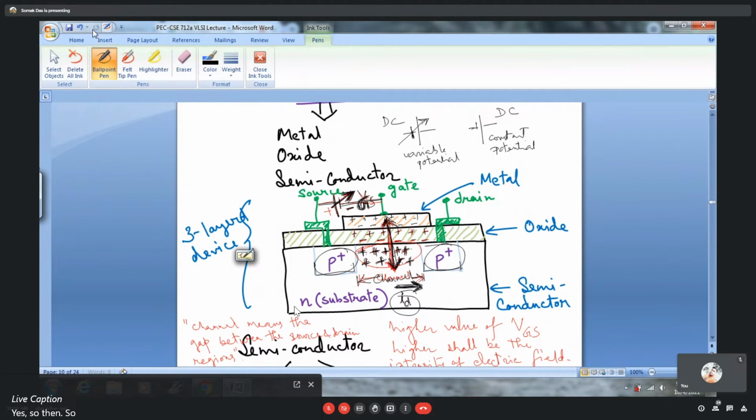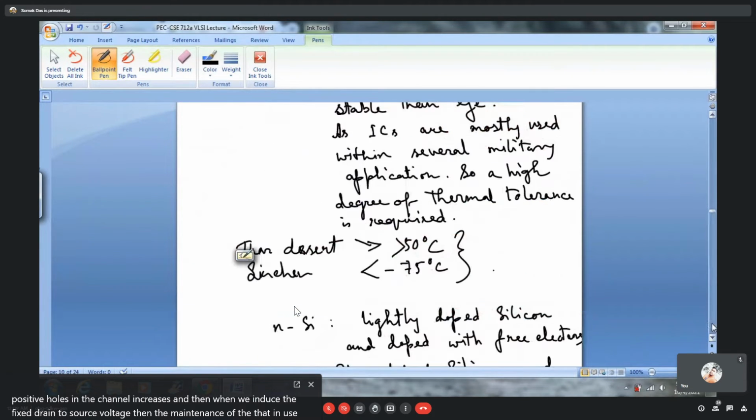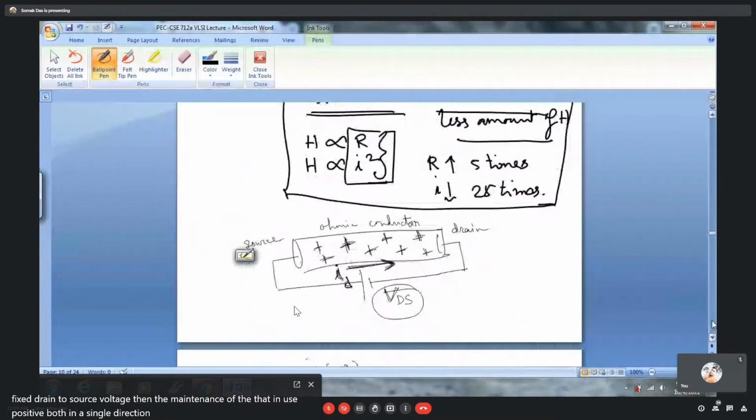Sir, you have mentioned that if we increase the voltage of gate to source, then the overall ID increases. So, is the explanation like this, that if we increase the voltage between gate to source, then the positive holes in the channel increase, and then when we apply a fixed drain to source voltage, the movement of those induced positive holes in a single direction also increases the I current?